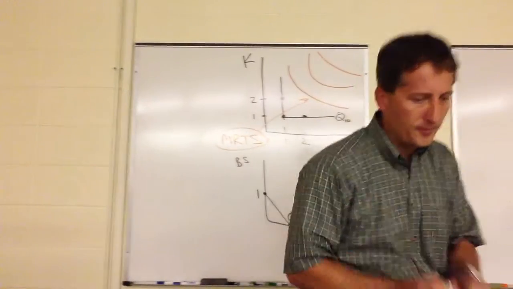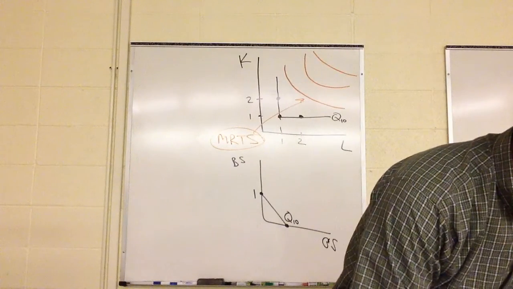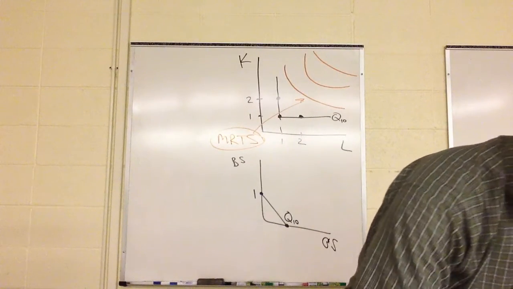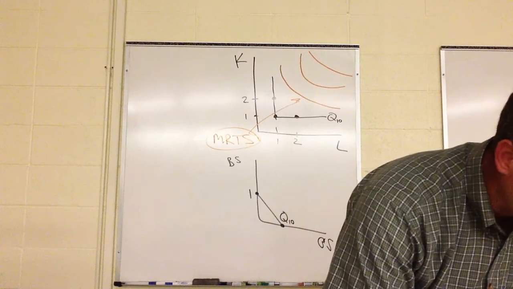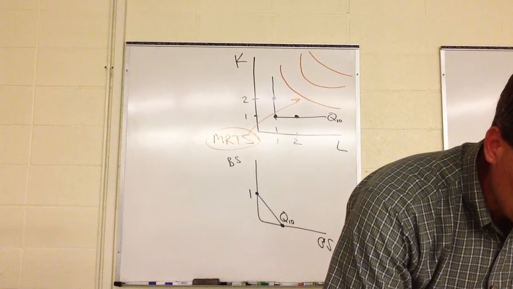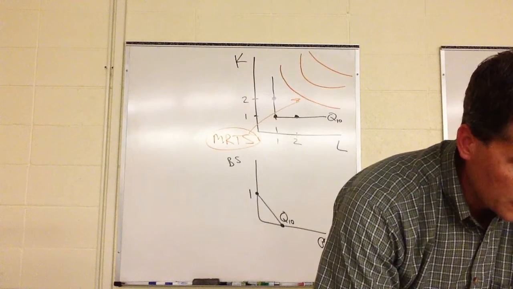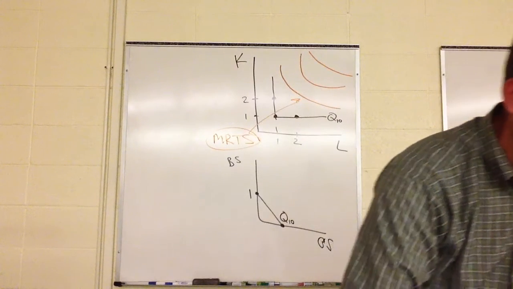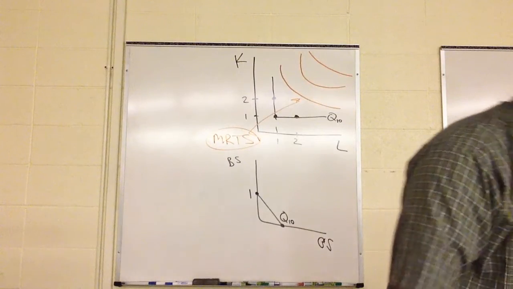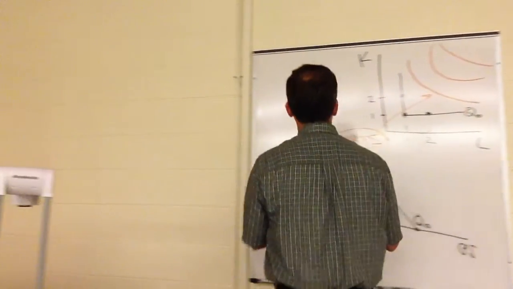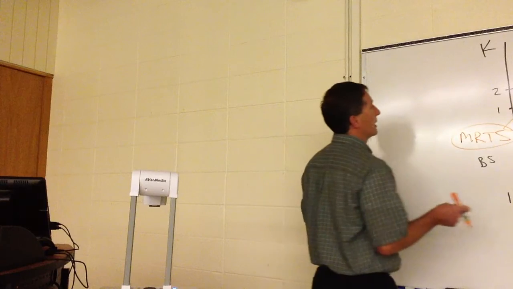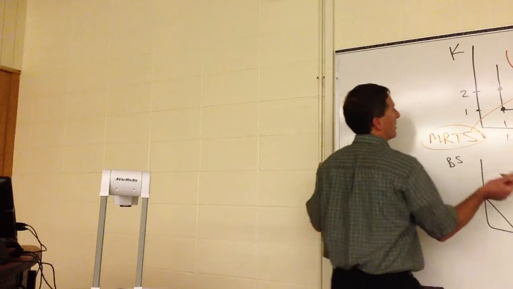Iso-costs, it looks like that's part C with this problem, right? Just judging by the answer key. If shovels rent for $5 and workers must be paid 25, draw several iso-cost lines. So 5 and 25, I guess we could come back up here.